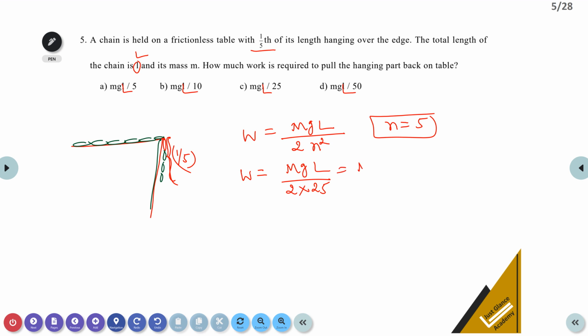This is equal to mgL divided by 50. This is the right answer. This is the shortcut method, student. n means 1/3 part, 1/5 part, 1/6 part, that one.